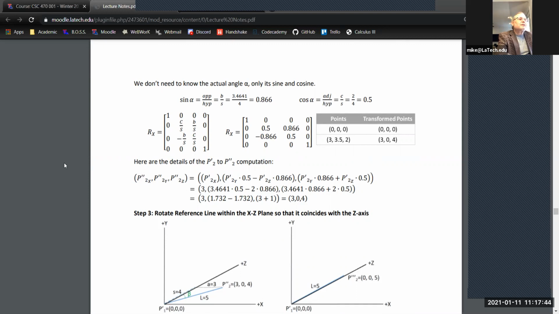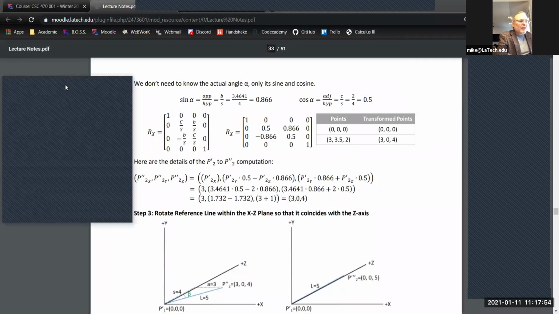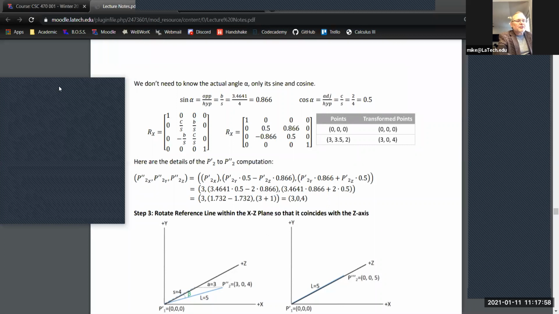If we want to do an x-axis rotation through the angle alpha, we don't really need to know alpha. We need the sine of alpha and the cosine of alpha. Well, the sine of the angle is the opposite over the hypotenuse, and the cosine of the angle is the adjacent over the hypotenuse.